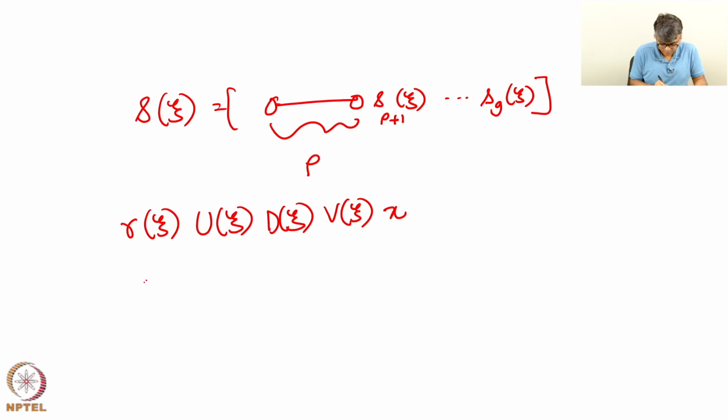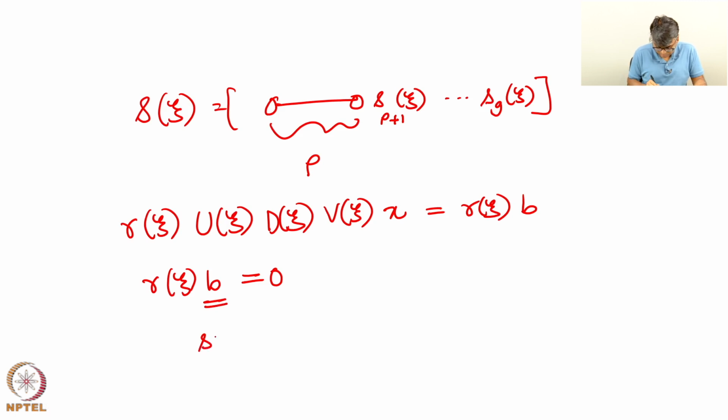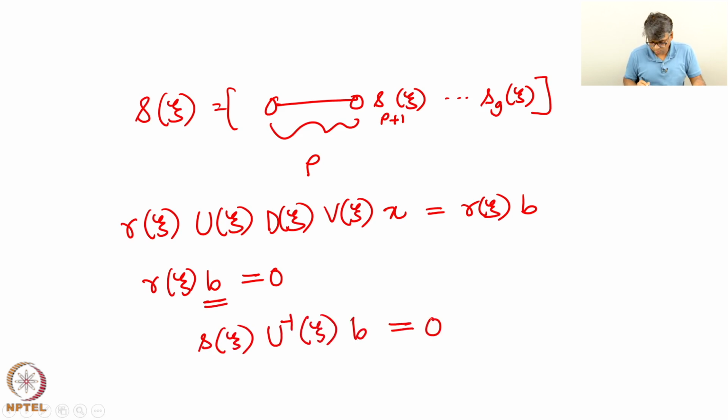And we also know that R xi is equal to R xi B. We know that R xi B is equal to 0. What does that mean? This means S xi, U inverse xi, B must be equal to 0. Let us call this guy B tilde.